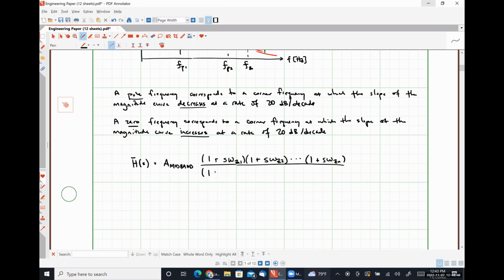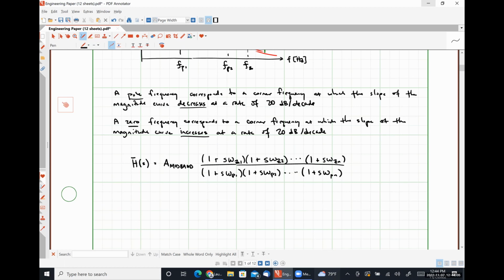All of this divided by 1 plus S over omega P1, 1 plus S over omega P2 to 1 plus S over omega PN.